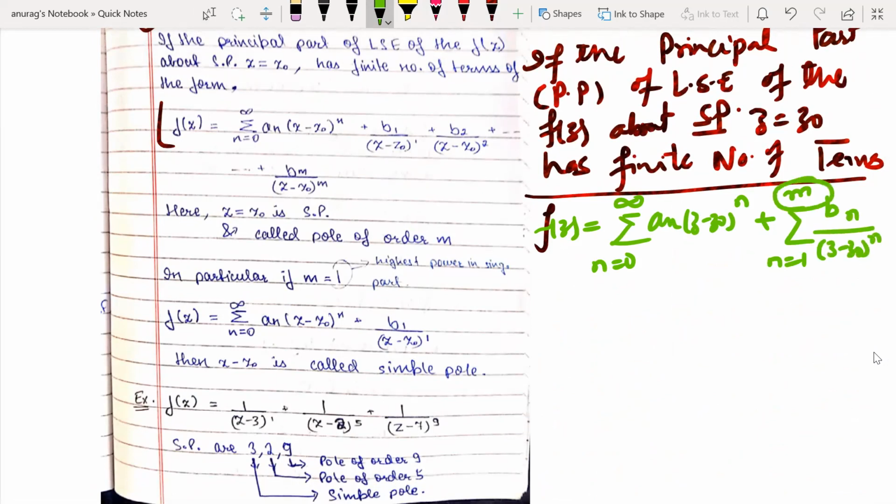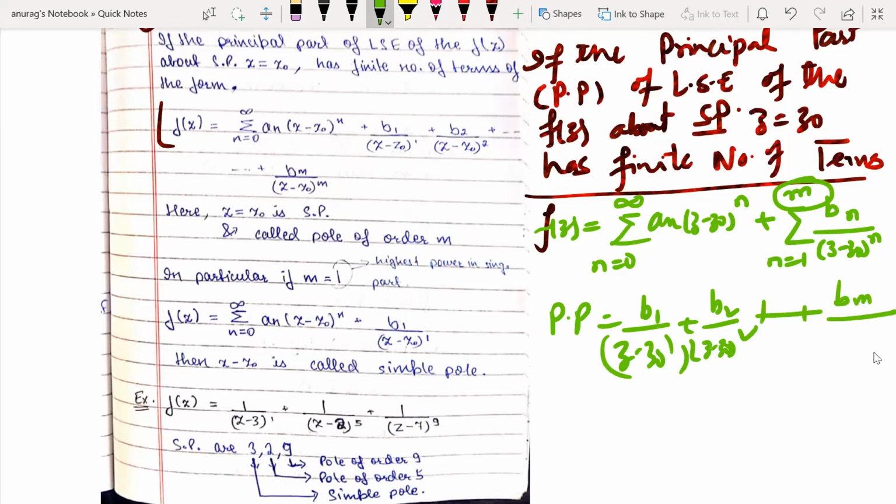The part is finite. Means the principal part can be written as b1 over (z minus z naught) plus b2 over (z minus z naught) square plus so on, bm over (z minus z naught) to the power m. Then see the maximum power, that is the order of pole.